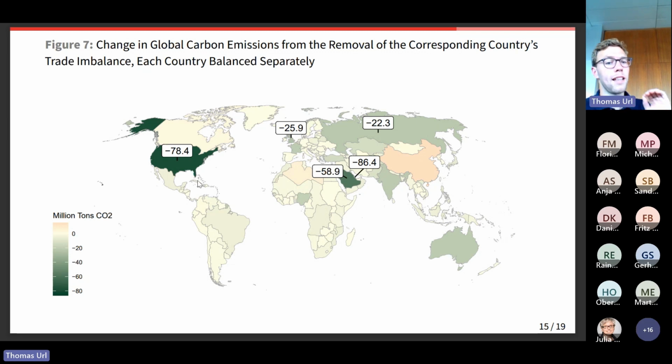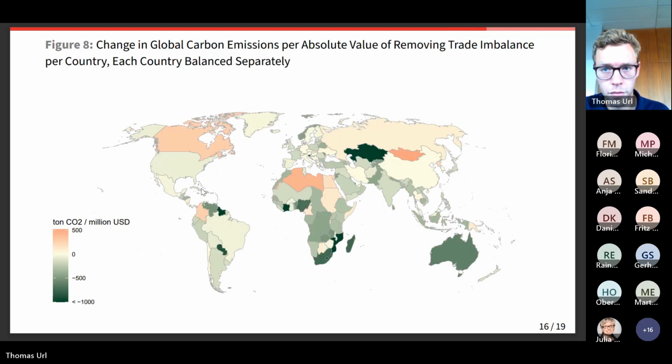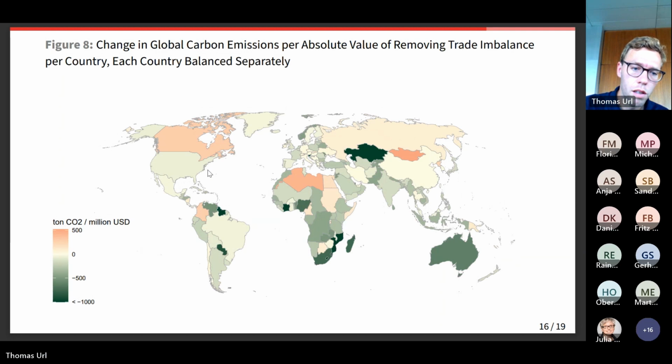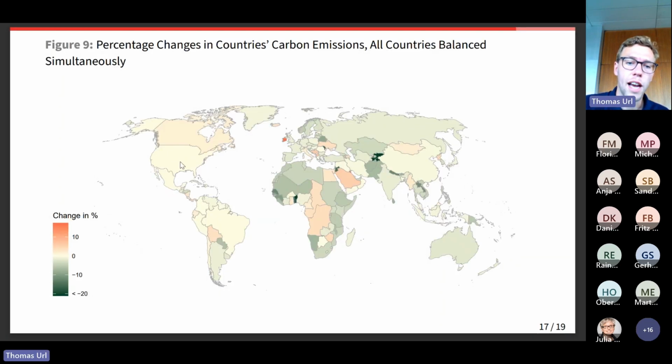But when you look only at this scenario, I now show you the map only for the single scenario, taking away the imbalance, the deficit of the US. Then you see in each country what happens to their national emissions, and you see that in the United States, emissions increase a little bit.